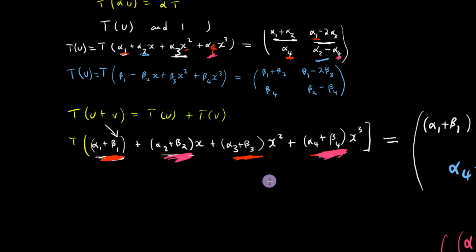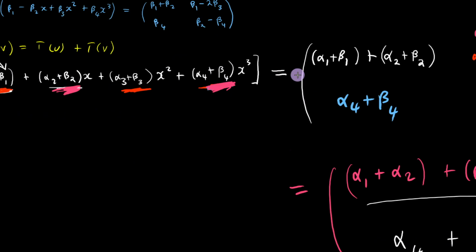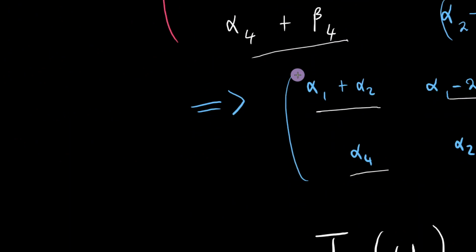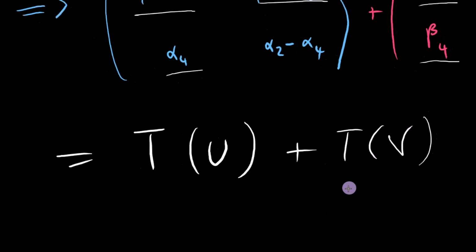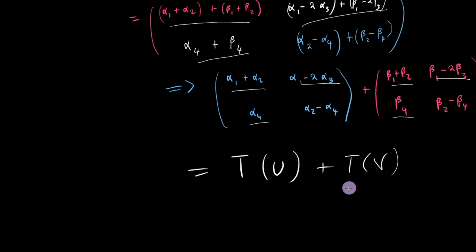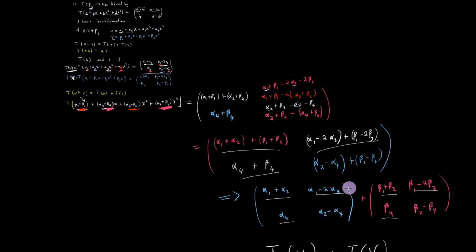So transformation of u is actually equal to this, and the transformation of V is equal to this. So we see that what we get here is transformation of U plus transformation of V. So meaning that the first condition has been verified or has been satisfied.